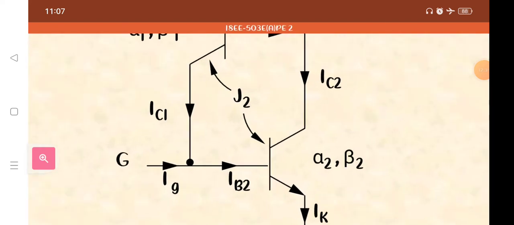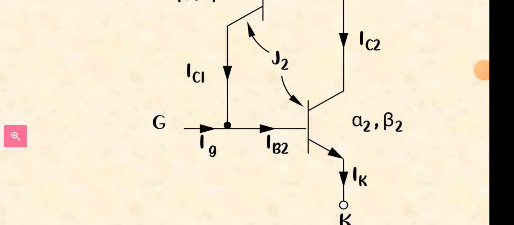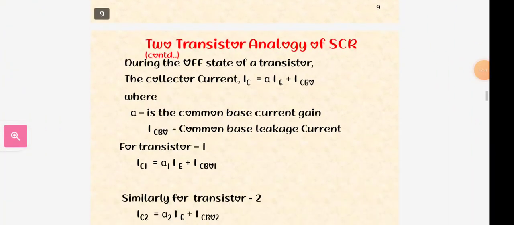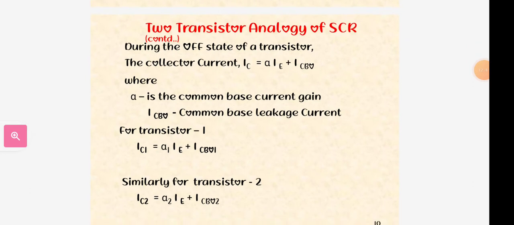IC is equal to alpha times the emitter current IE, plus ICBO, the collector base leakage current.